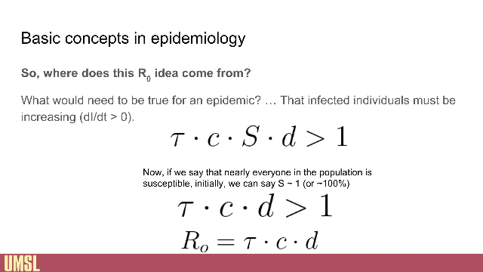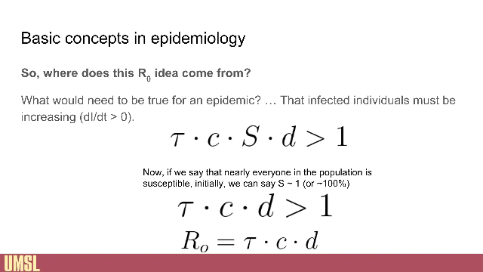So if S is very close to 1, which would be true when an outbreak is about to happen, essentially we can say this is equal to 1. We end up with this, right? So we've seen this before. And we just basically call that constellation of variables R naught. Okay?